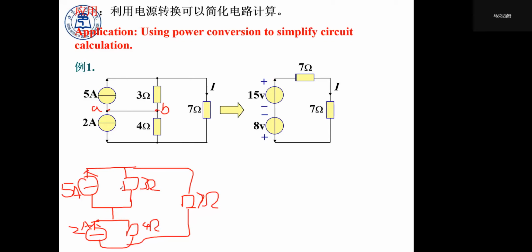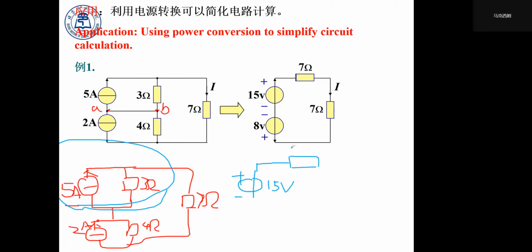But we see that the upper part, this circle, we can replace it with a 12-volt voltage source in series with a 3 ohm resistor.